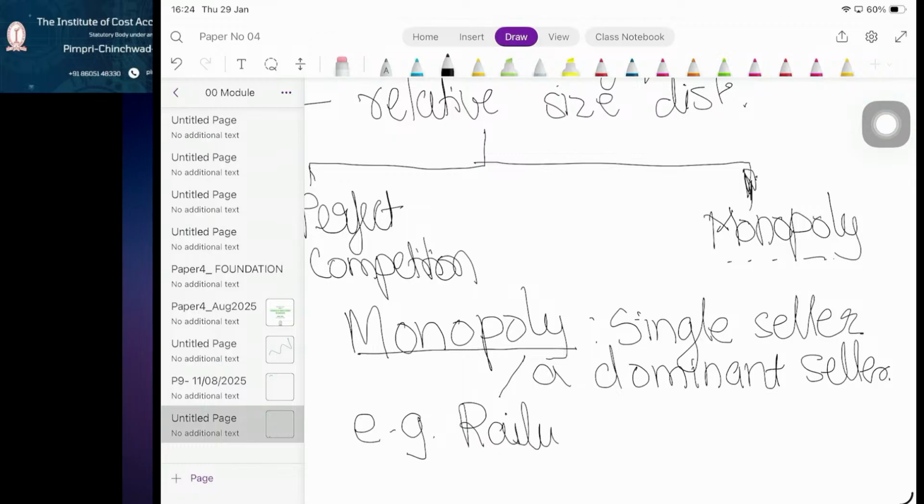Railways in India. Okay, all of you know who owns and runs the railways? Government of India. There is a department called Department of Railways. So it is a complete departmental undertaking, that is called railways.